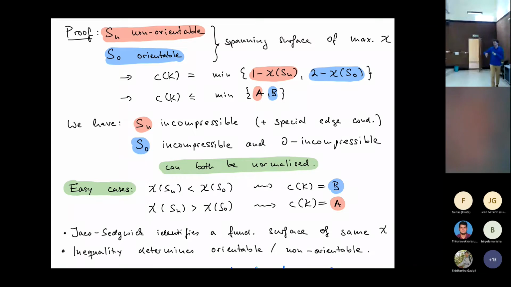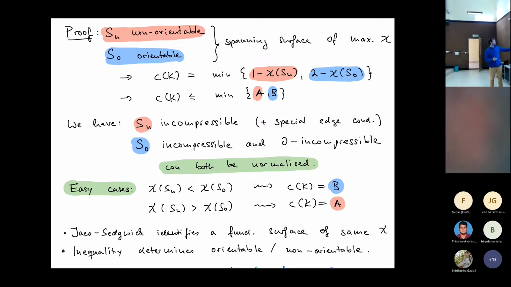This is again Clark's inequality, which means that the crosscap number is at most the minimum of A and B from before, right? Because these surfaces are normal, but they might not be fundamental, so this is maybe higher.